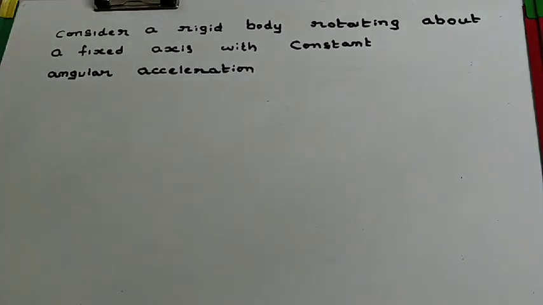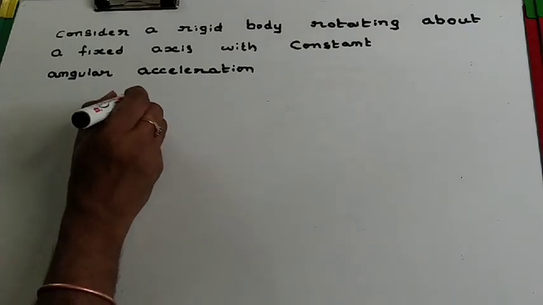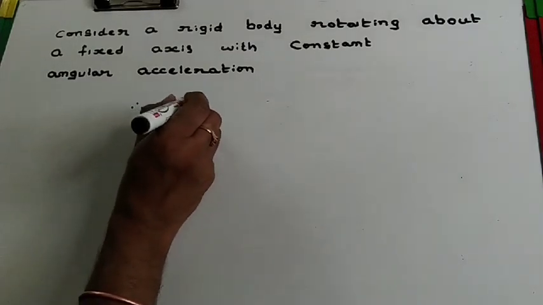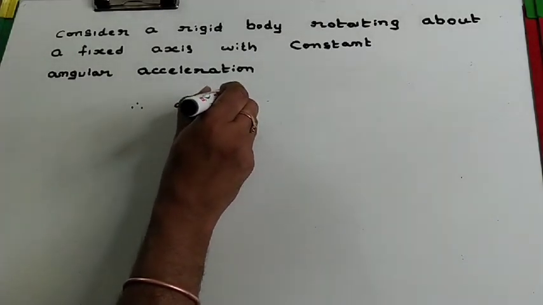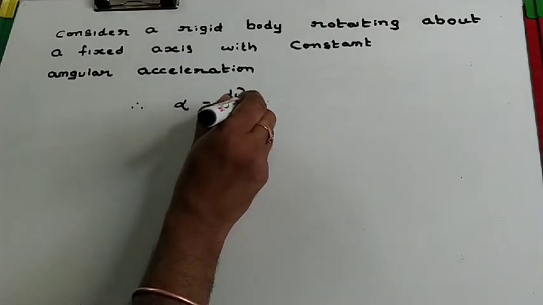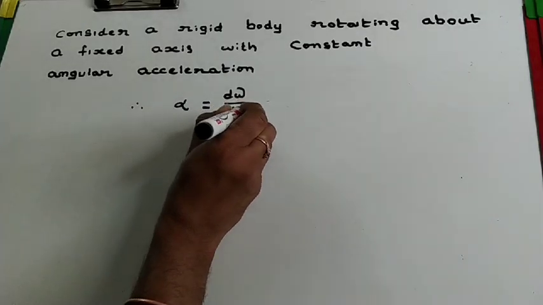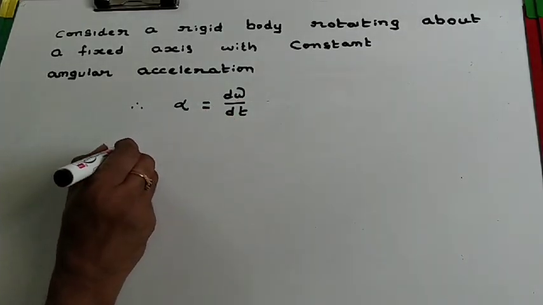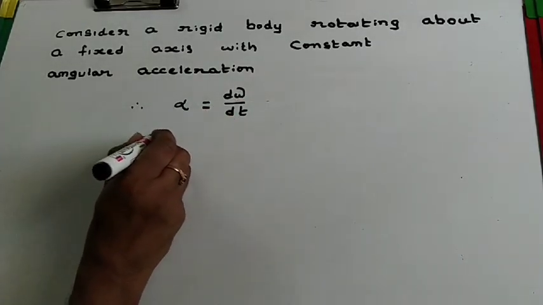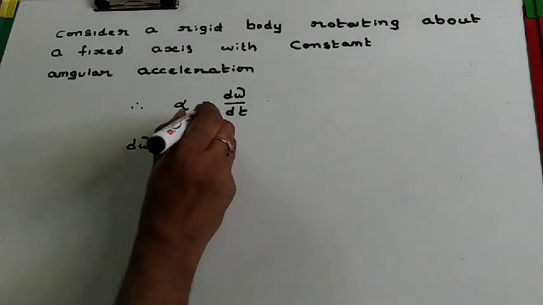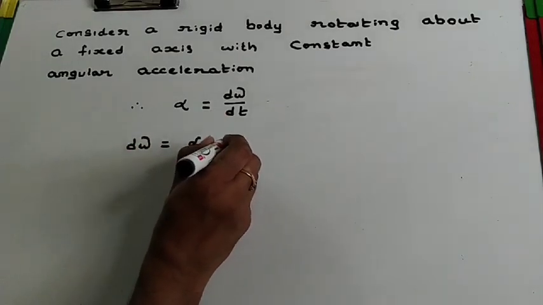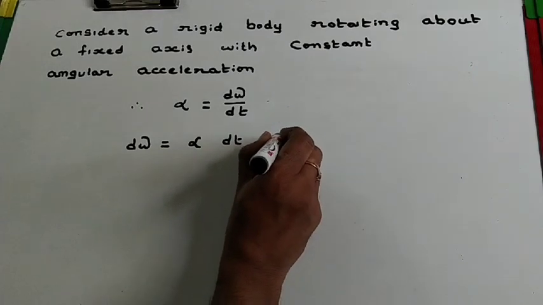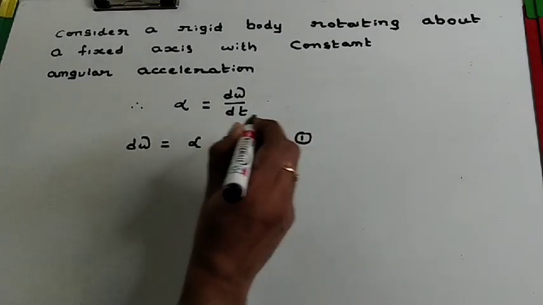Once again I am repeating, consider a rigid body rotating about a fixed axis with constant angular acceleration. Therefore, alpha is equal to d omega by dt and d omega is equal to alpha into dt. Consider equation number 1.